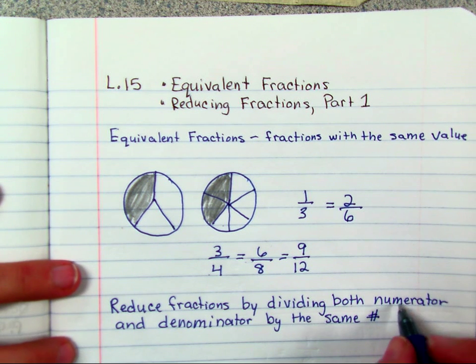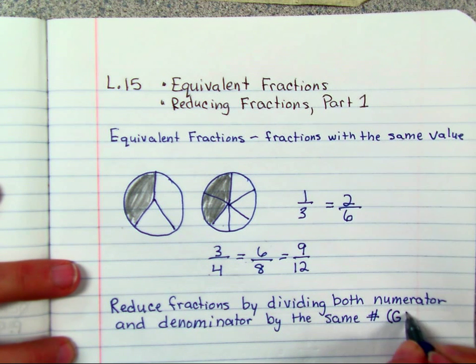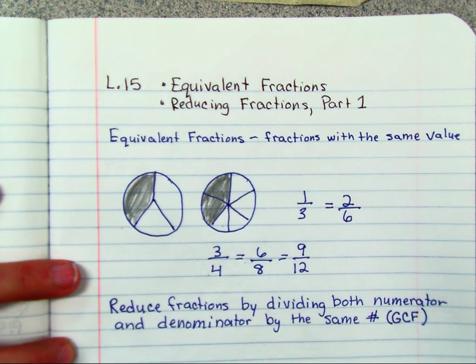To reduce all the way, we use our GCF, or our greatest common factor, to divide by.